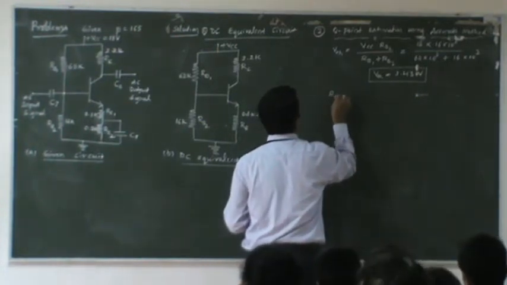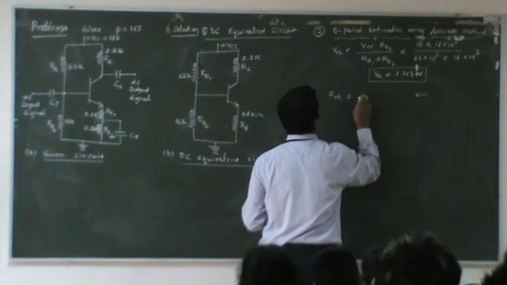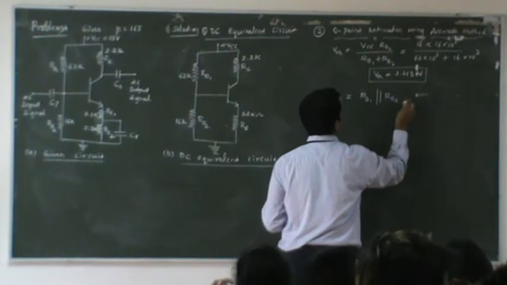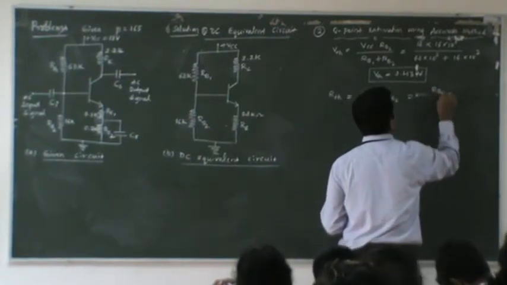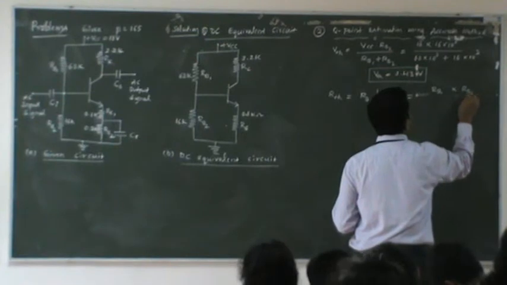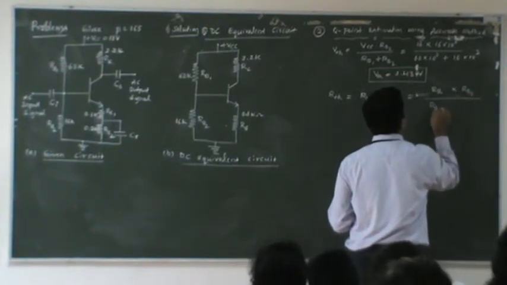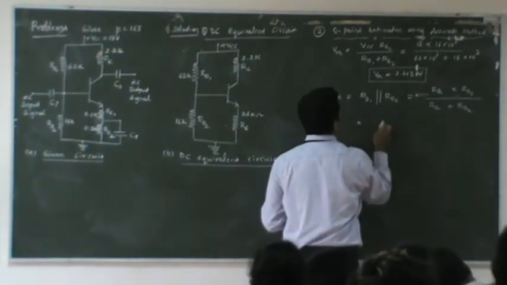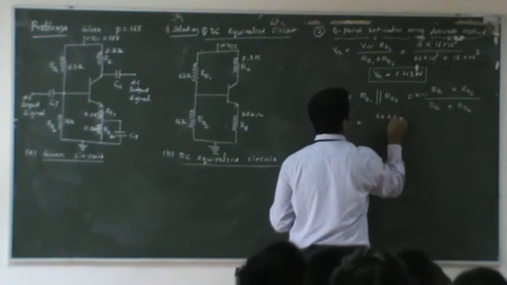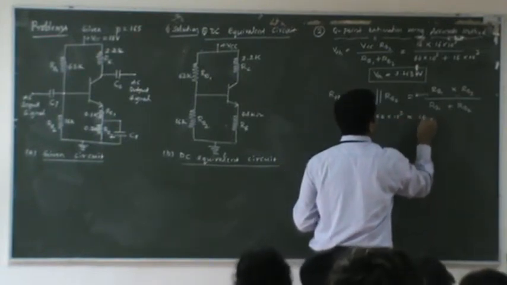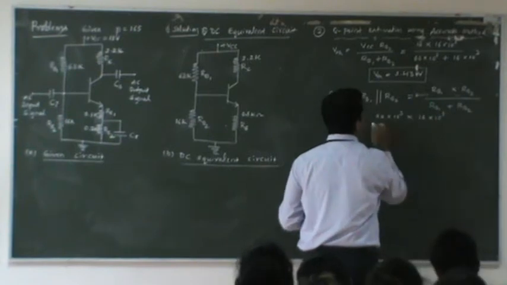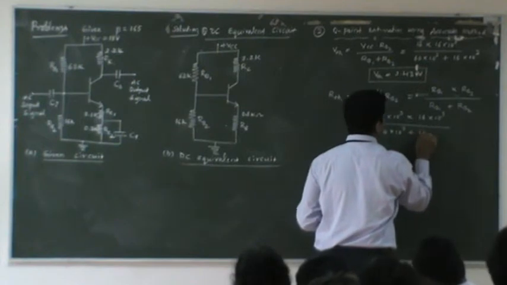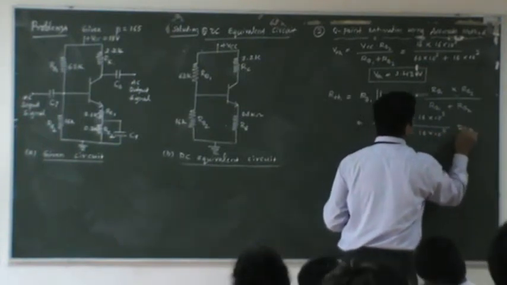Similarly, find the value of R Thevenin. R Thevenin is RB1 parallel with RB2, which is RB1 into RB2 divided by RB1 plus RB2. That is 68 into 10 power 3 into 16 into 10 power 3 divided by 68 into 10 power 3 plus 16 into 10 power 3.